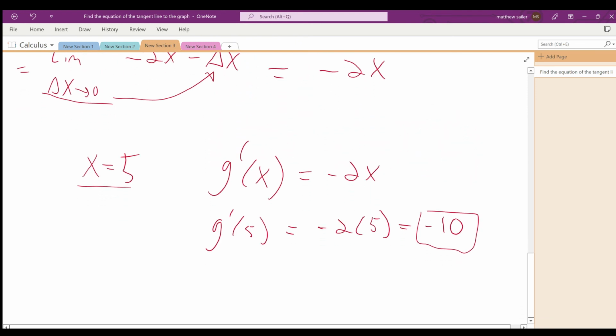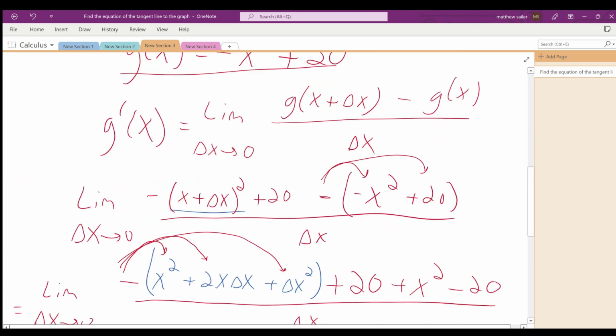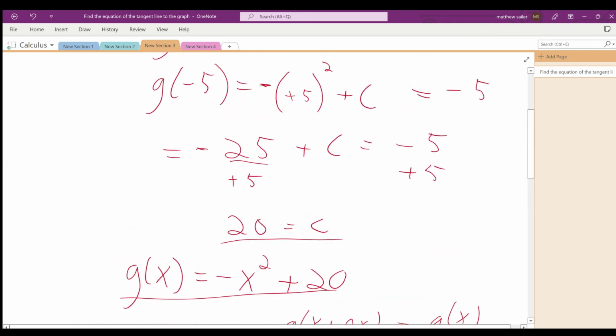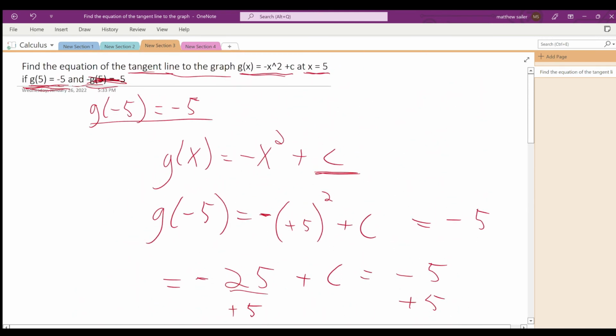Alright, so now we have a slope and we have a point. Or we can find a point because we have an x value, so we can find the y value in this equation. So to get the point, because we need a slope and a point, we'll just plug in 5 into g of x.